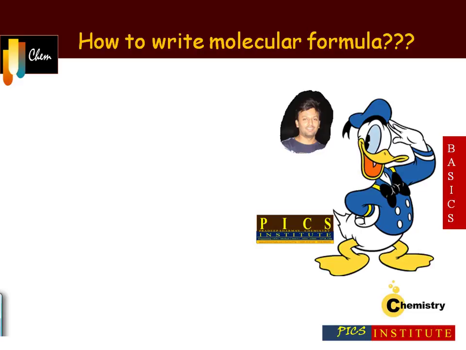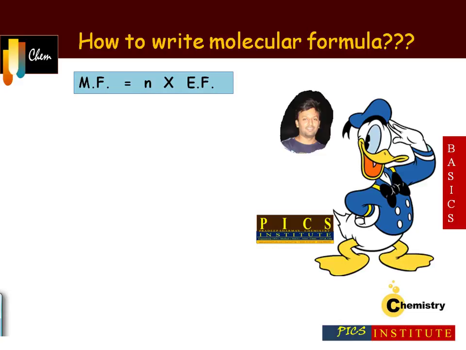So after empirical formula, now let's understand how to find out molecular formula. Molecular formula is equal to N into empirical formula. So if we know empirical formula, only then we can get molecular formula.